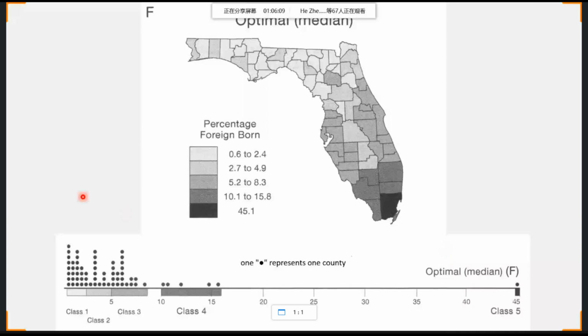And this would be the final map then. So here along the number line, you see we have these 3 classes. I don't remember if it's exactly the same, but it's very similar at least to the natural breaks method. But then there is a difference in how the rest of the classes is computed.